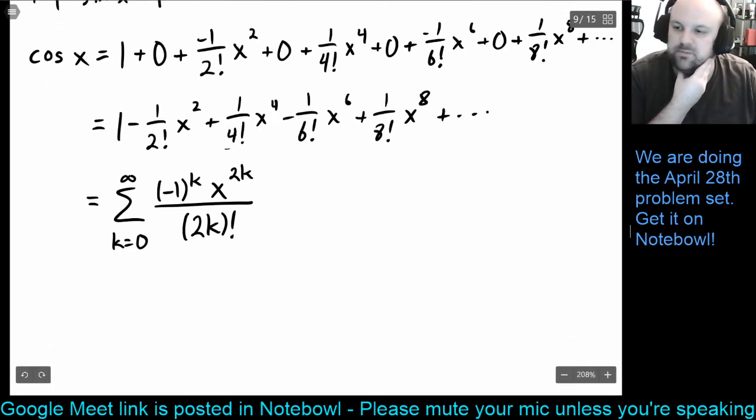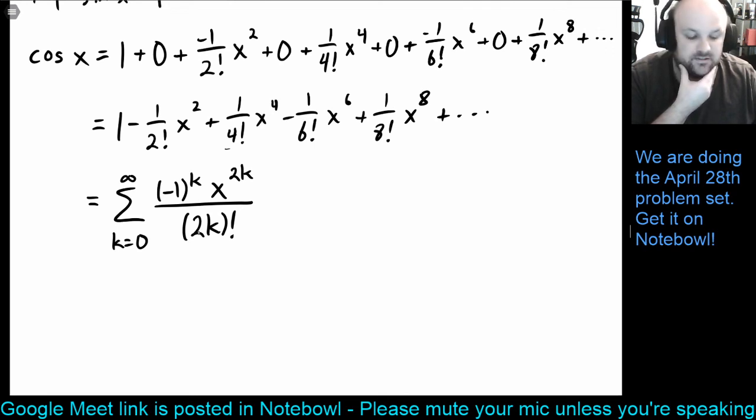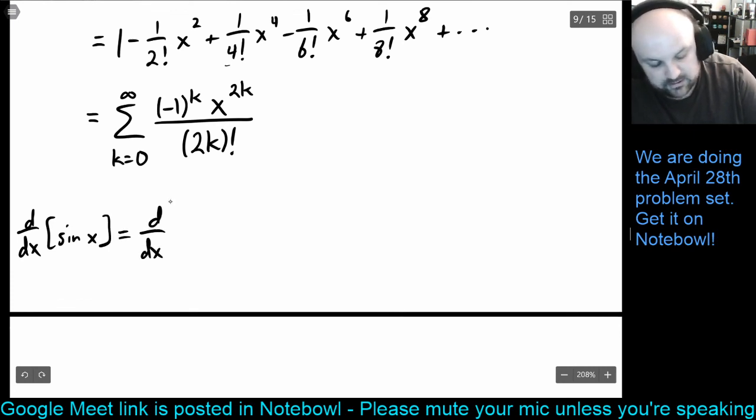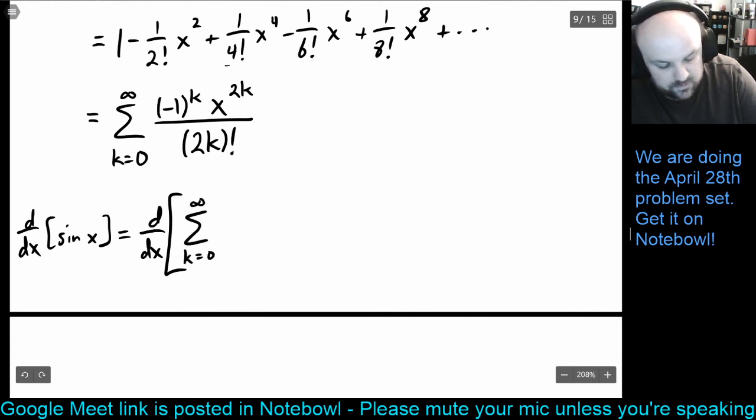The next part of this problem is verify that this is the derivative of the Maclaurin series for sine of x. Well, all right. So the derivative of sine of x. If we look at it as a Maclaurin series, that's the derivative of this series.